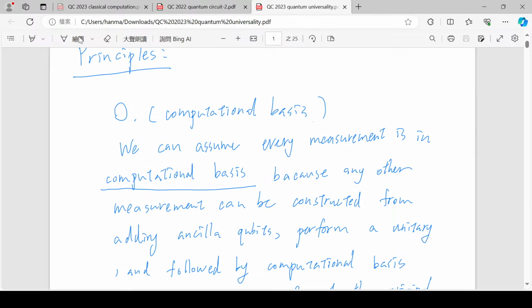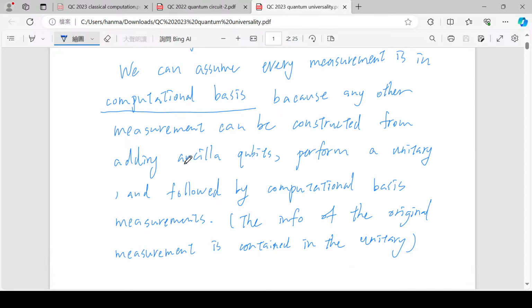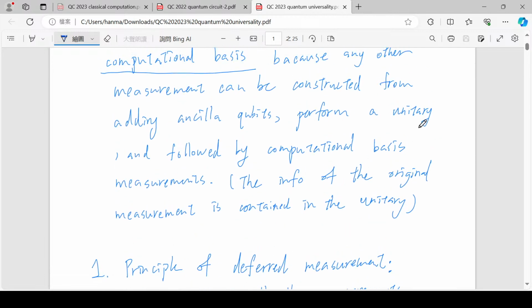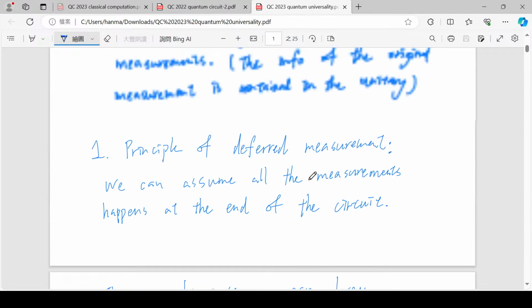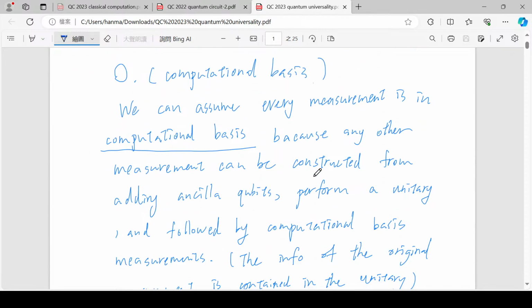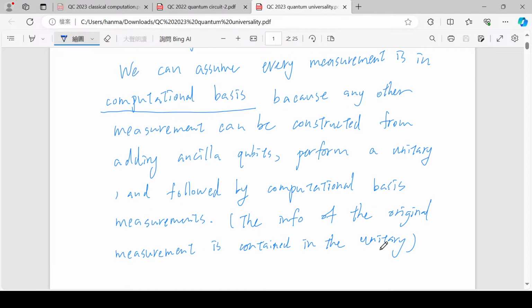We assume every measurement is in the computational basis, because any other measurement can be constructed from computational basis measurement: you add ancilla qubits, perform a unitary, then do a computational basis measurement. The information of the original measurement is contained in the unitary. This is something we prove when we talk about generalized measurement.